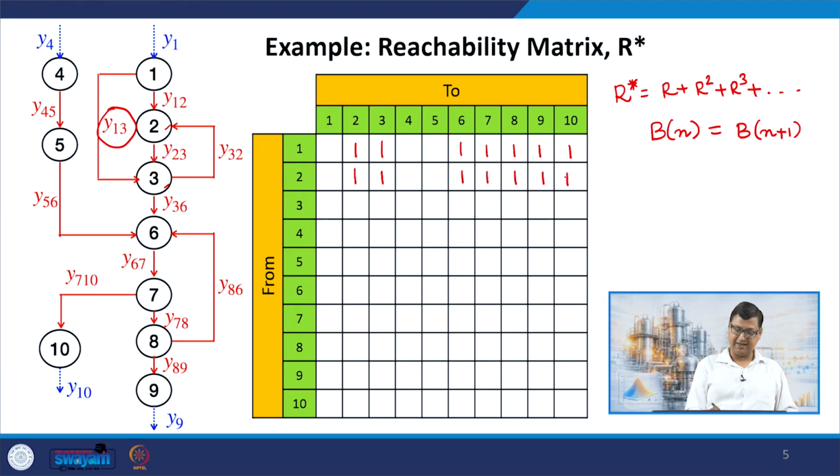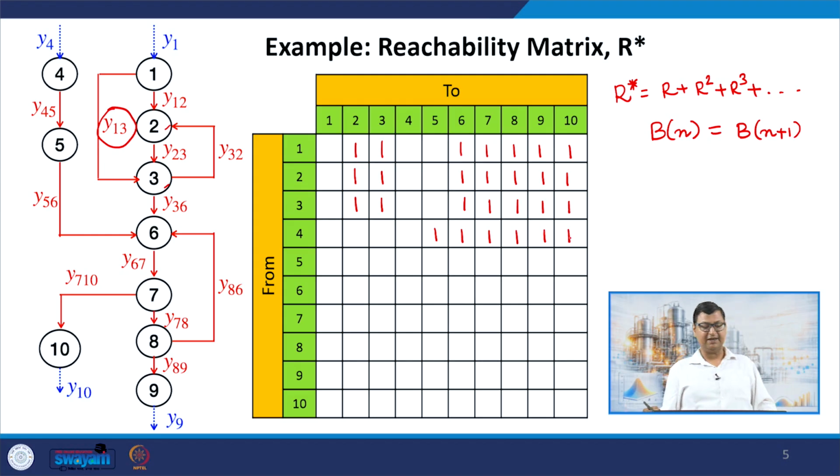From 3 again I can come to 2 and 3, and I can come to 6, 7, 8, 9, 10. From 4 I can go to 5 and then 6 and all the vertices downstream, but there is no way I can come to 1, 2, 3 starting from 4.